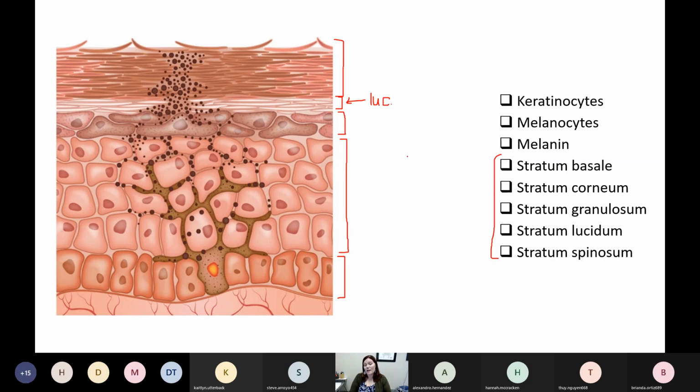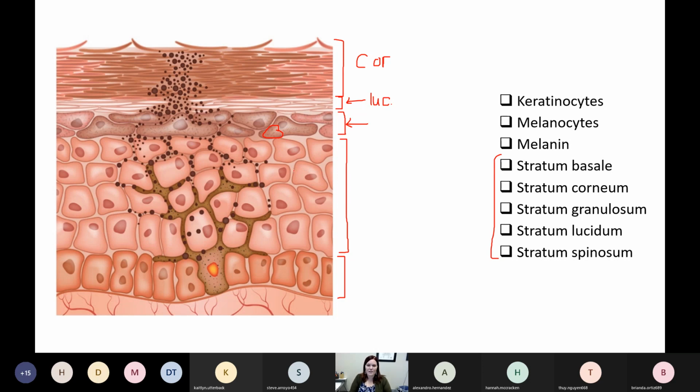Up above stratum lucidum, we have that layer called stratum corneum. Remember, the cells in stratum corneum are completely filled with keratin, and they're completely dead. They're falling off. Right here, I see those glycolipids. I see those little spots inside my cells. Can you remind me again, what's the function of glycolipids?